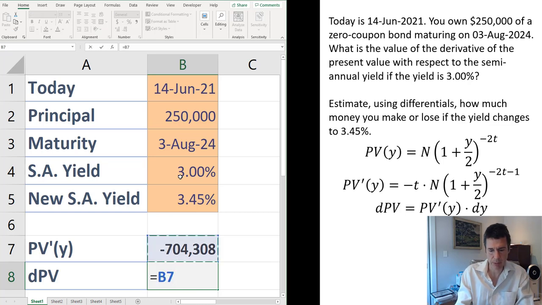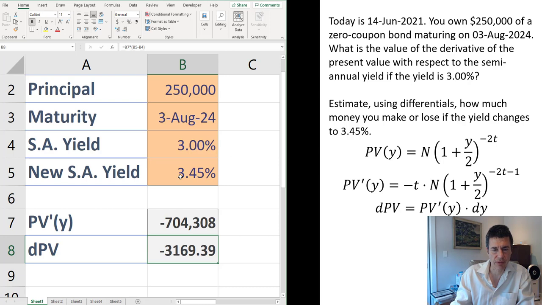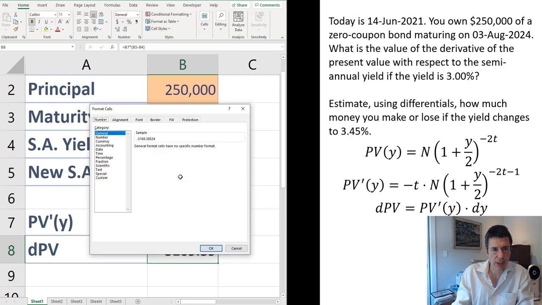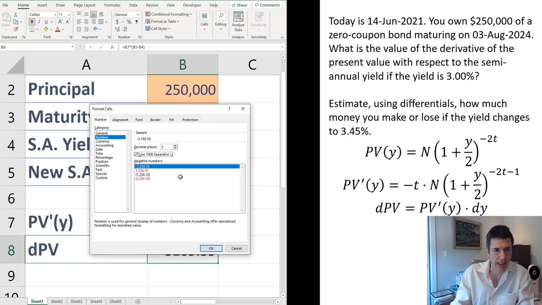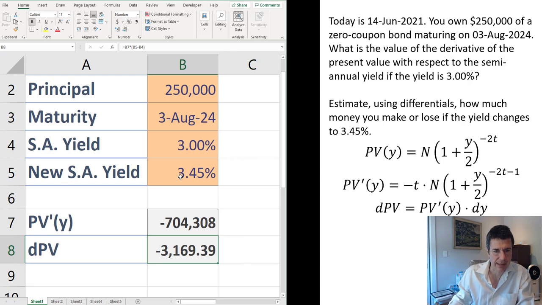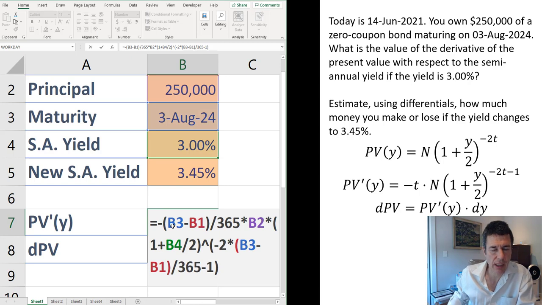dPV is PV prime times the change in yields, 0.45% or 0.0045, so negative $3,169.39. Again, let's look at these formulas for a second.